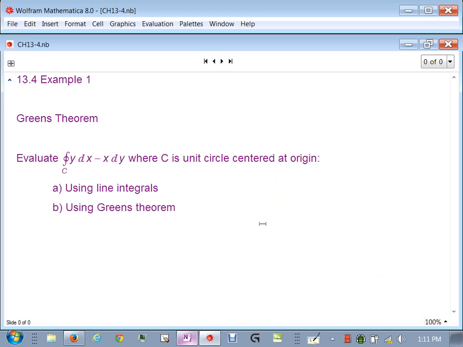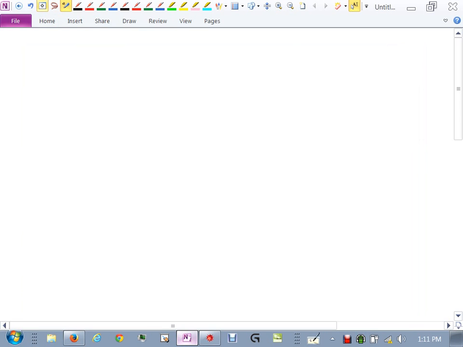So let's take a look at this problem and work through it. What I'd like for us to do is evaluate this line integral in two different ways. First, use a line integral to figure out the answer, and then use Green's theorem. Then we'll compare and see which one was better.